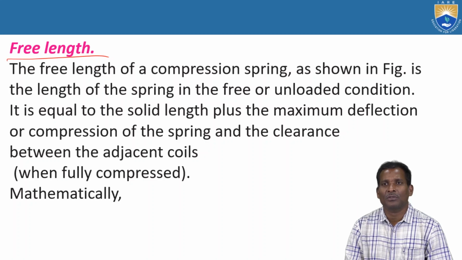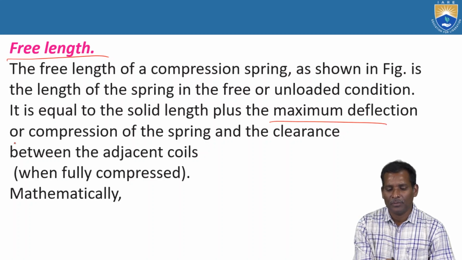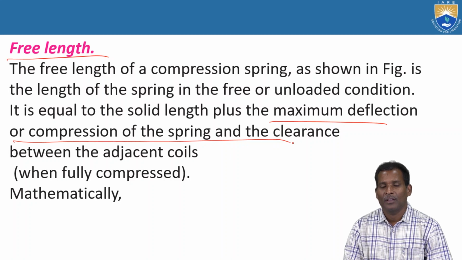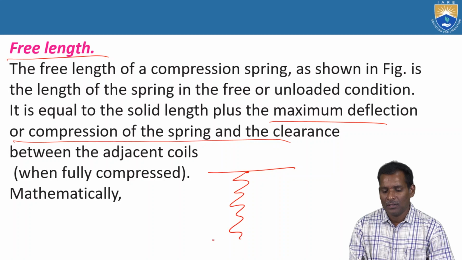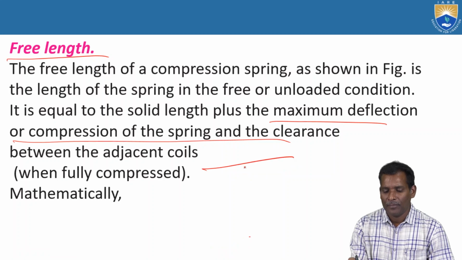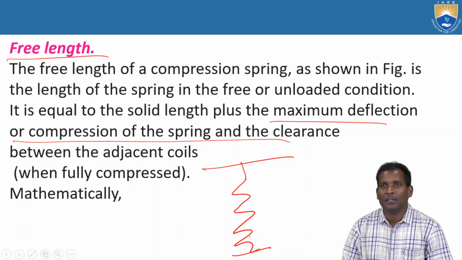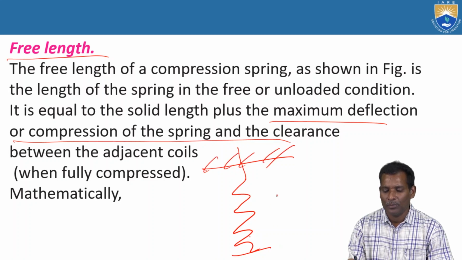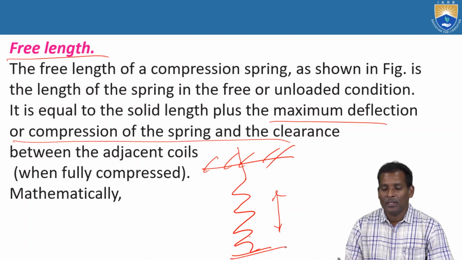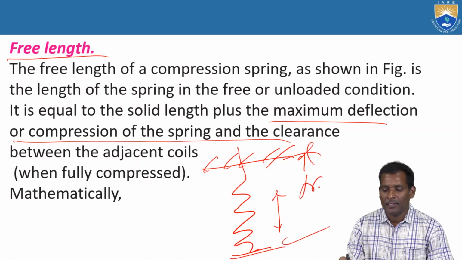It is equal to the solid length plus the maximum deflection or compression of the spring. In this case, there is no load, so the length is called the free length.